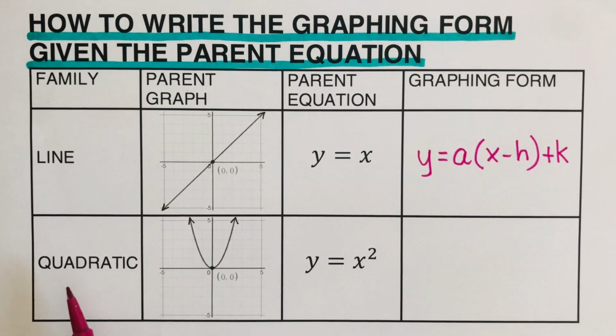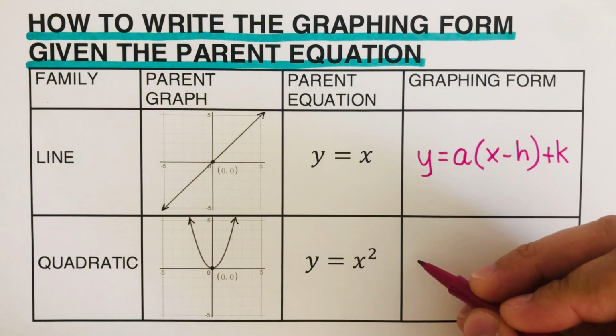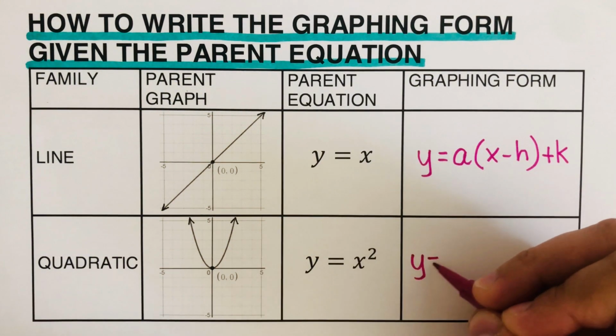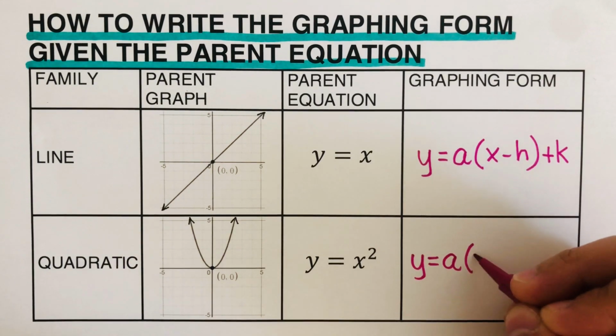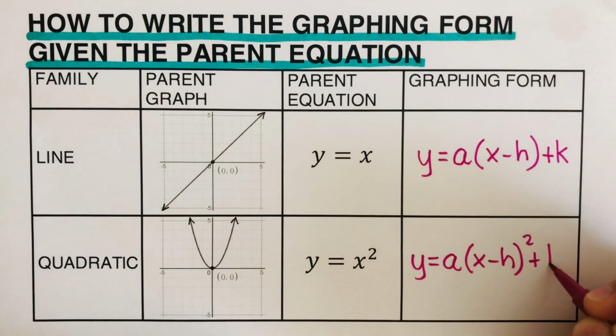Now the second one right here is quadratic equation, and this is the shape of the parent graph of a quadratic graph, which is like a letter U, and this is the parent equation, y equals x squared. Now the graphing form for this quadratic equation would be y equals a(x minus h) squared plus k.